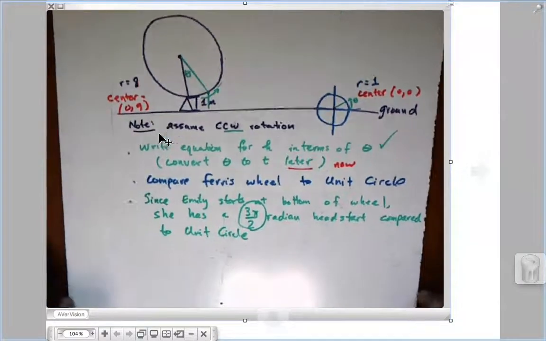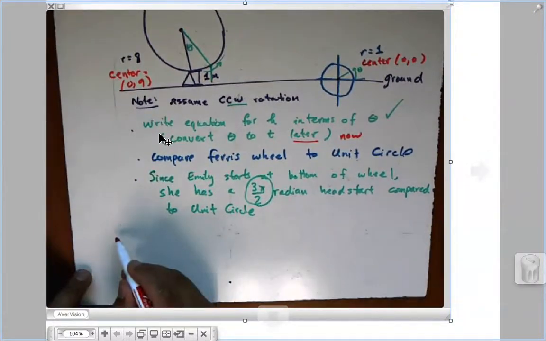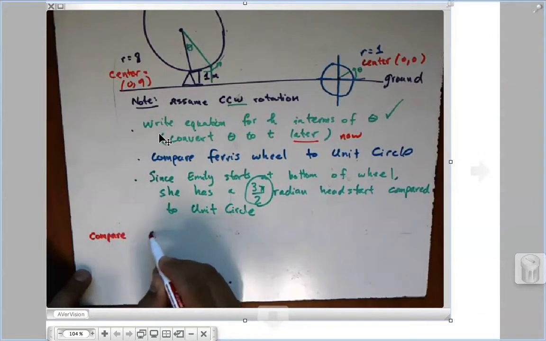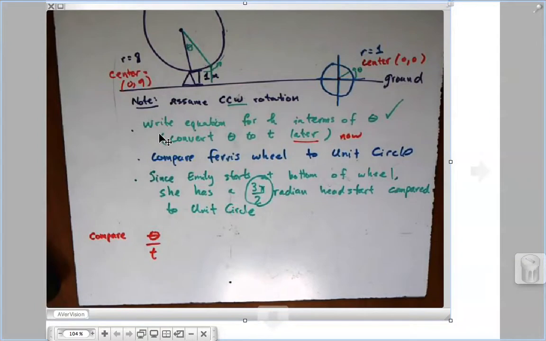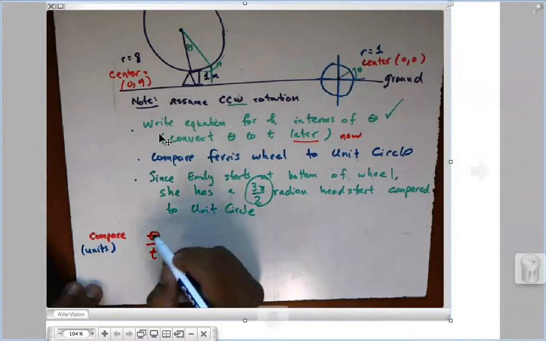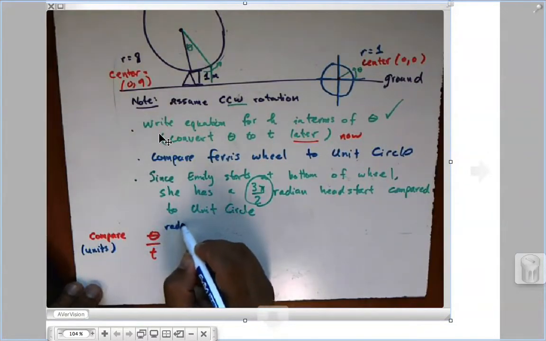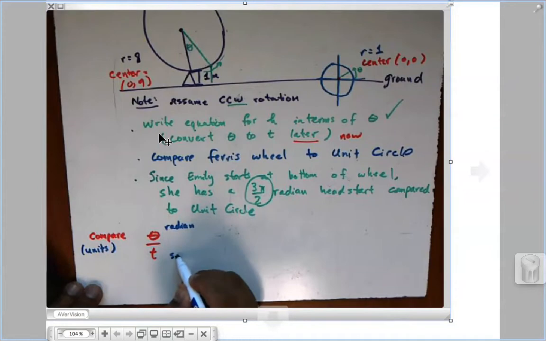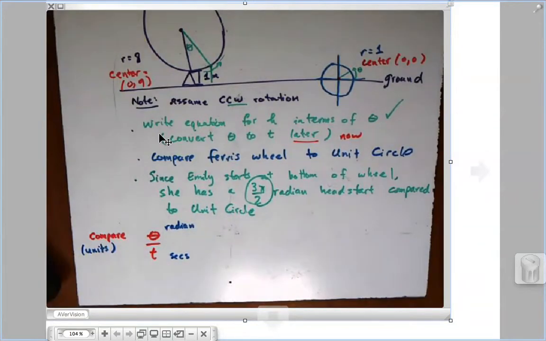And so we need some sort of information where we compare theta over t. Okay? And keep in mind our units, because this is really a unit conversion problem now. Well, theta is measured in radians, t is measured in seconds, okay? And so that's going to affect how things go.